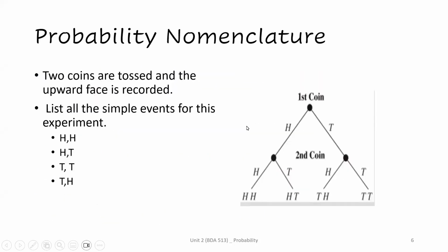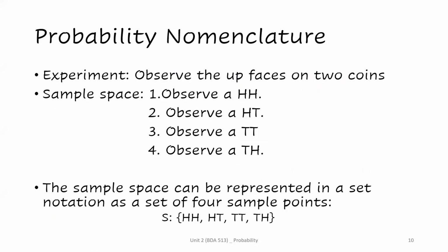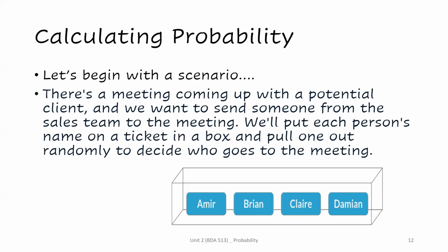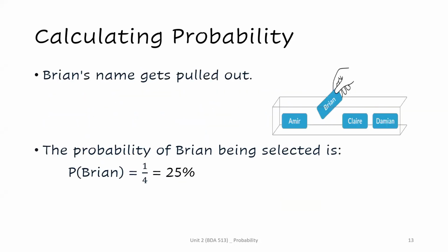Here we have 4 potential people to attend the meeting, and one of them will attend. Choosing Brian makes it 1 person out of a total of 4. Therefore, the probability of Brian being selected to attend the meeting is 1/4 or 25%.